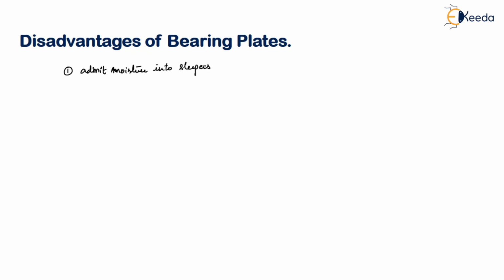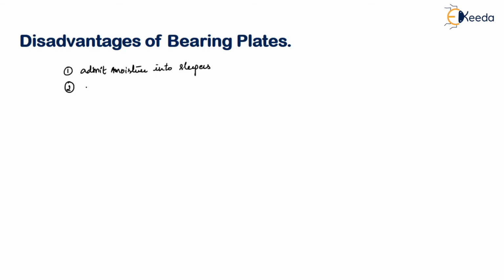What will happen when the moisture gets into the sleepers? The bearing plates will loosen, and due to this the ballast can shift, and there will be a lot of mechanical wear of the sleepers, which is difficult to renovate or replace. Okay, so that is one disadvantage.